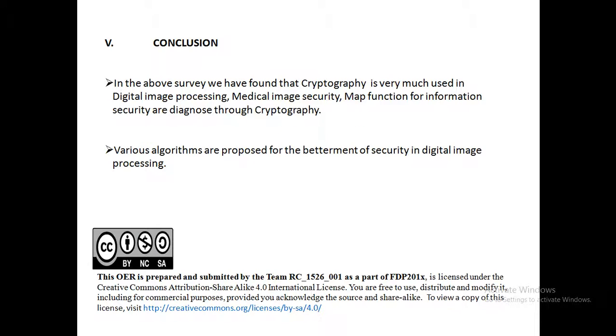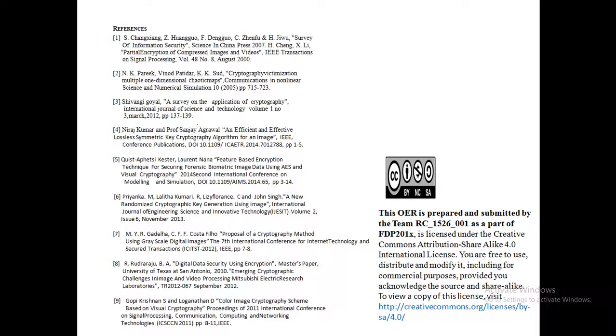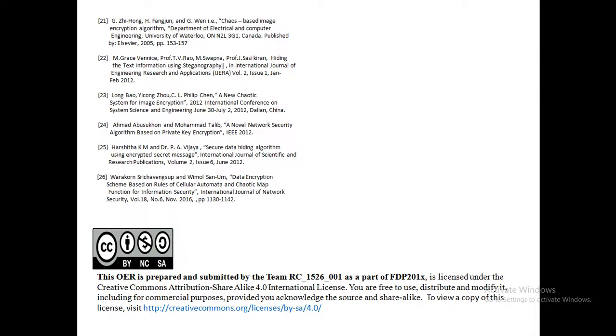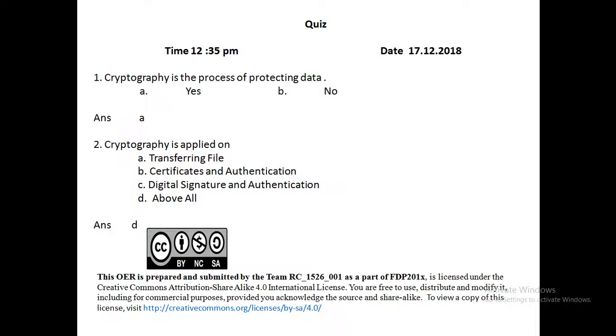The conclusion of our work is that we have surveyed various cryptography papers. We have seen how Google Map images and personal images can be secured by applying cryptography, and various algorithms were reviewed by us. There are various references which we have given in this slide, and there are various questions also.